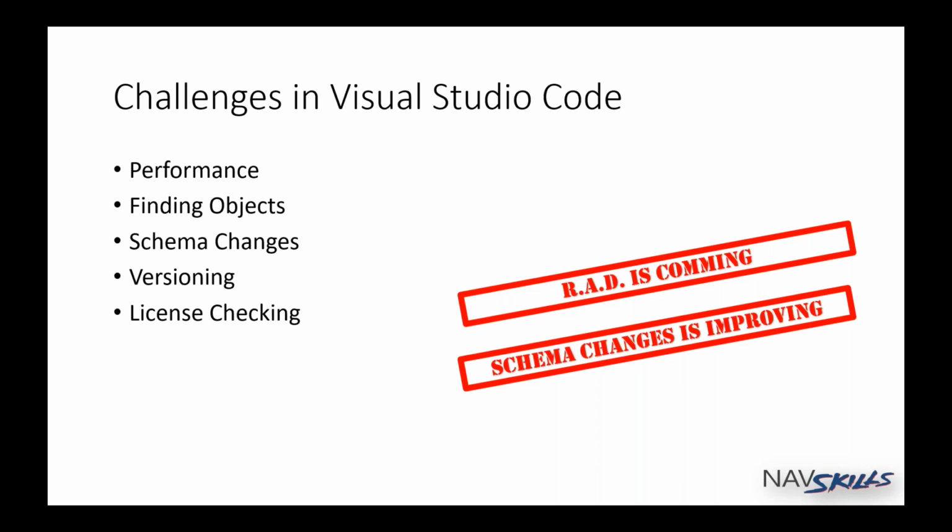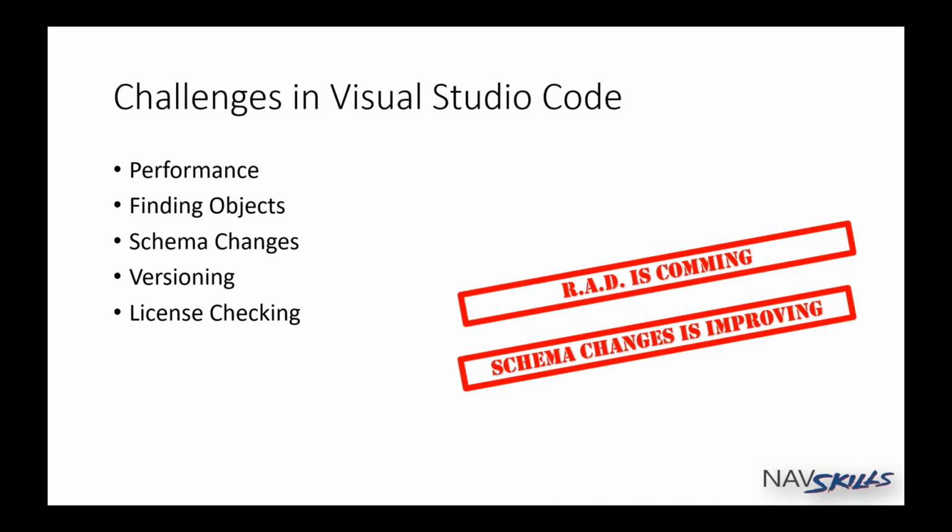And as I said, the license checking has changed. When you publish an extension, Microsoft checks if the license which is running on the service tier has insert permissions of a certain object.